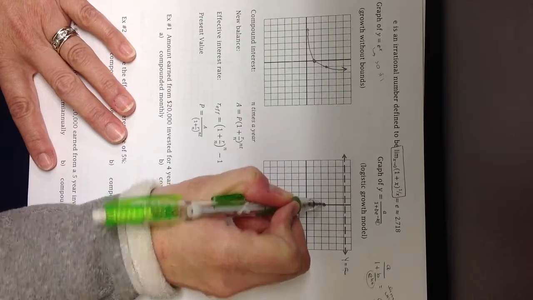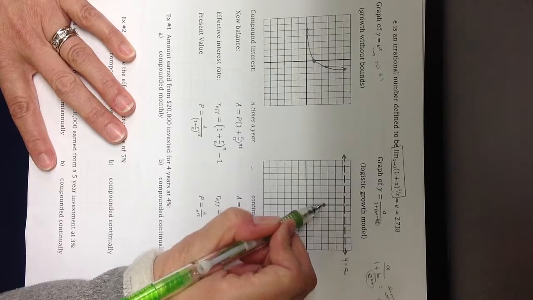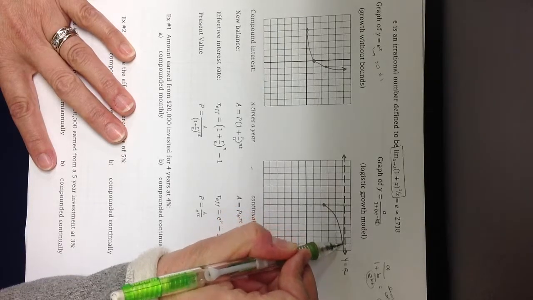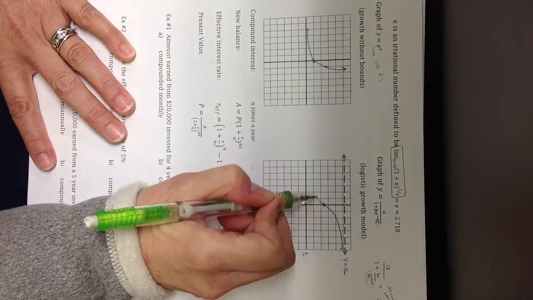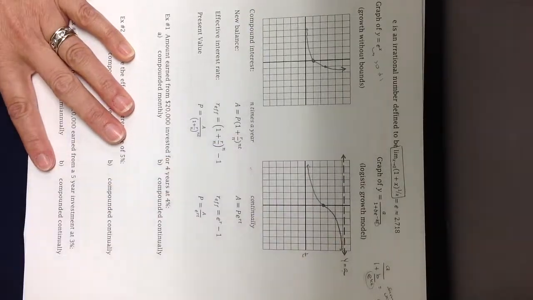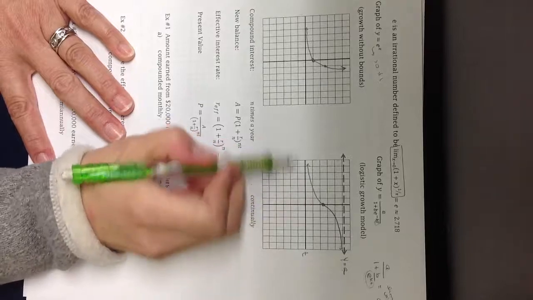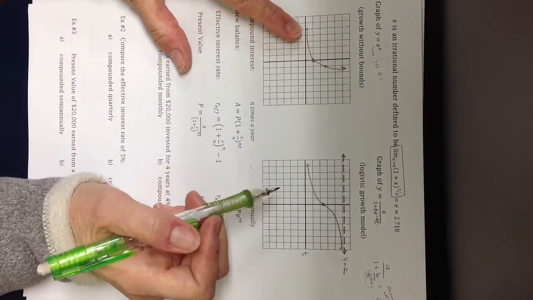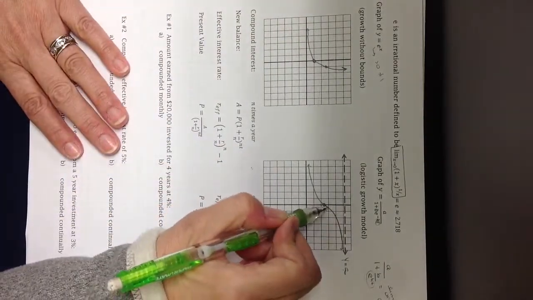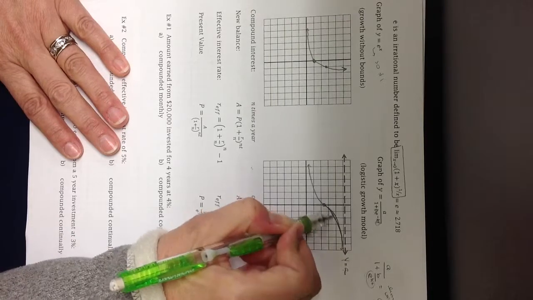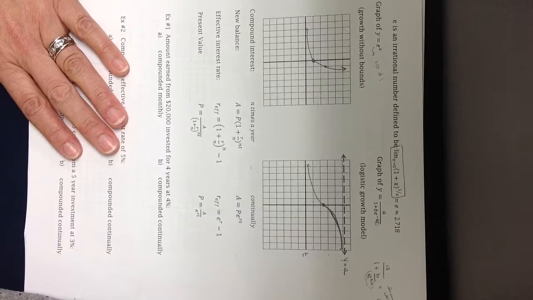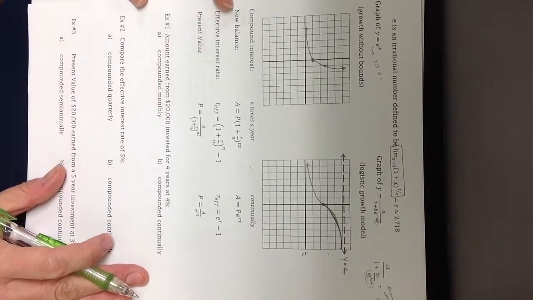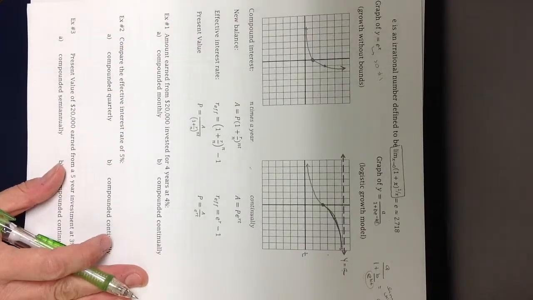Your growth is going to grow, but it's going to have a limiting value as it grows. And on the flip side, it's going to decrease toward the y-axis just like our other graph does. But this type of growth, where it's not growing without bounds, is going to be more appropriate in a lot of our problems. So that's what you need to know about exponentials.